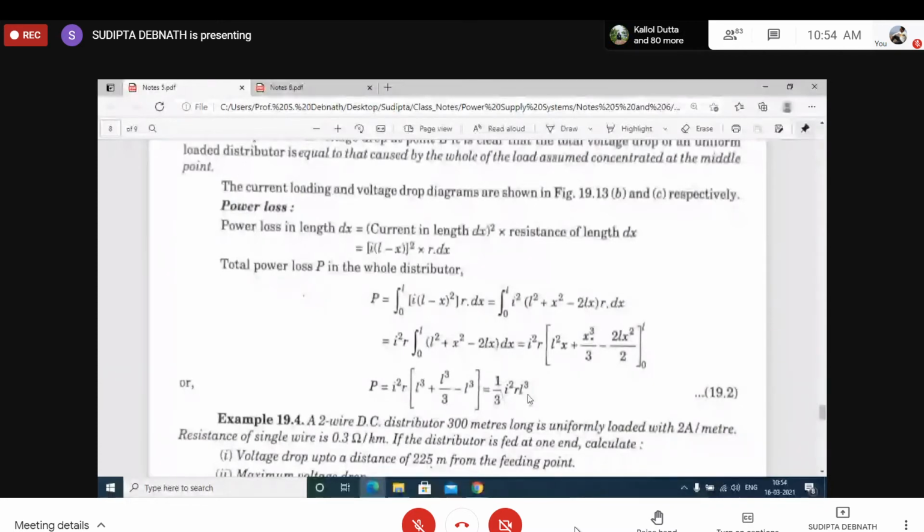Please check whether the expression is correct, because I have not checked. You know integration, so please check whether the result is okay.